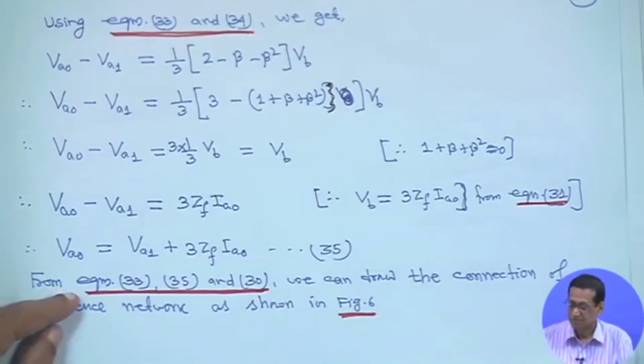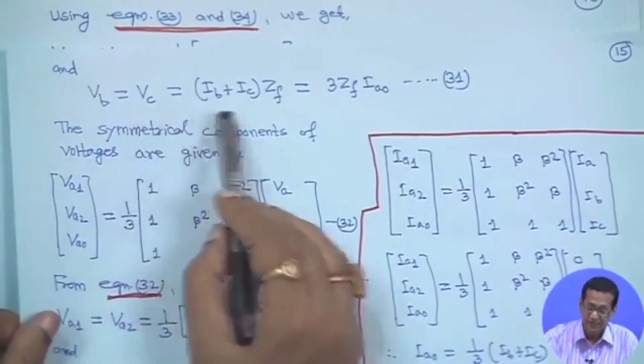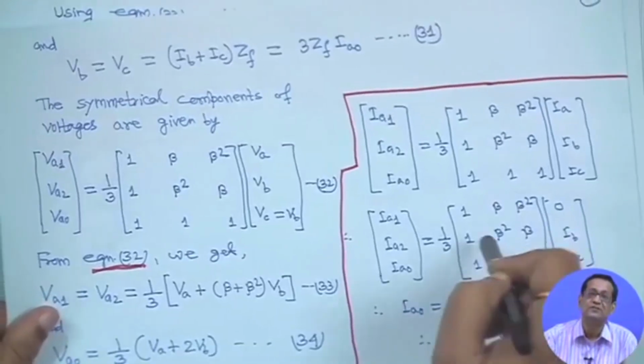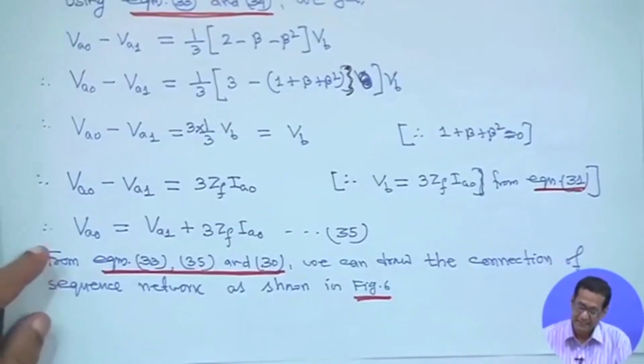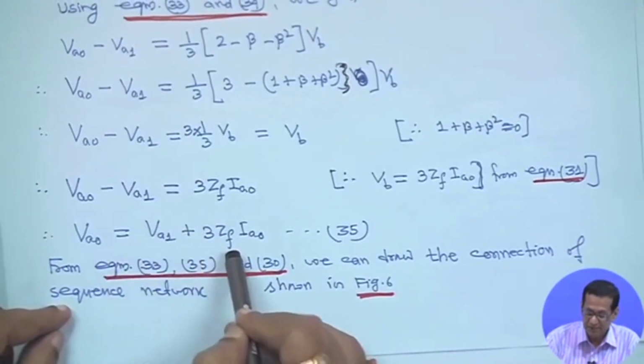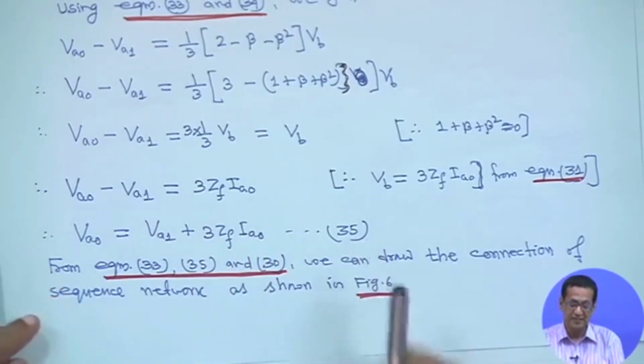In equation 31 we have shown that V b is equal to V c is equal to 3 Z f I a 0. All the working has been done for you on the right hand side. So V a 0 is equal to V a 1 plus 3 Z f into I a 0. This is equation 35.